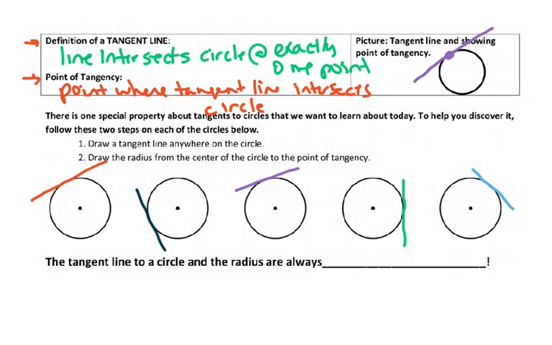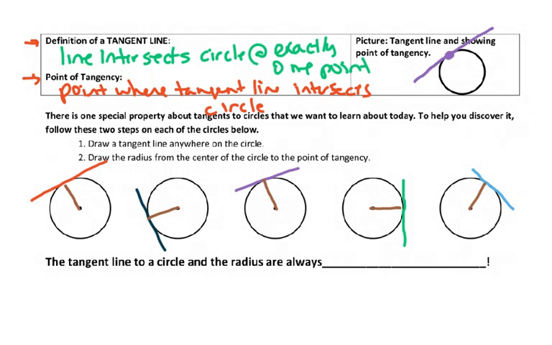Step 2 says draw a radius from the center to the point of tangency. So if we do that on each circle, what do you notice about the line that is tangent and the radius? Do you notice something that always looks to be the case?